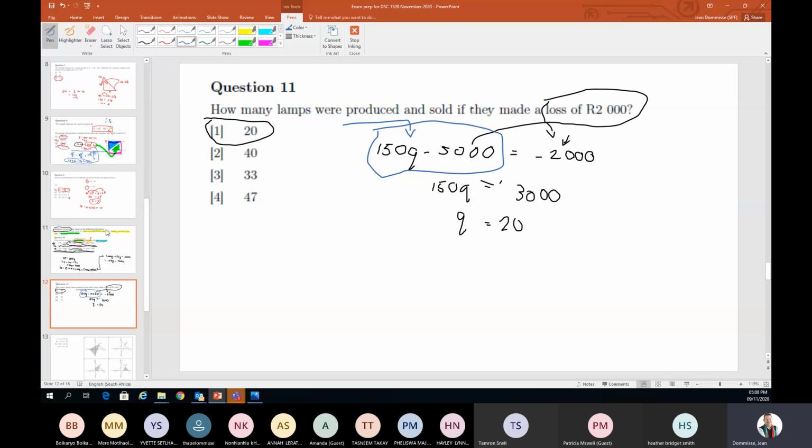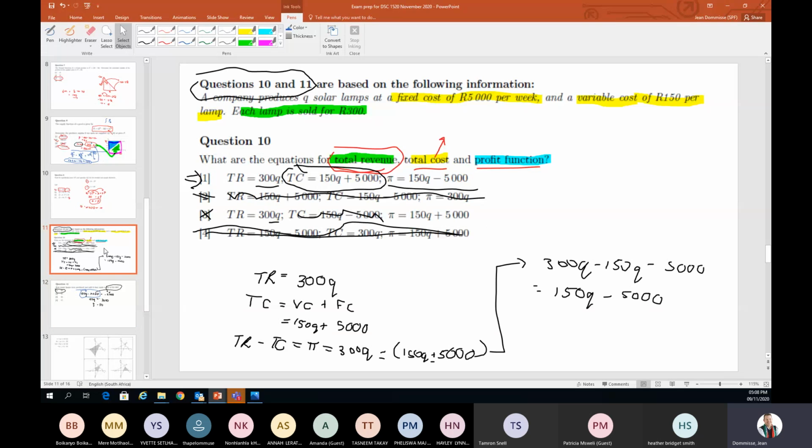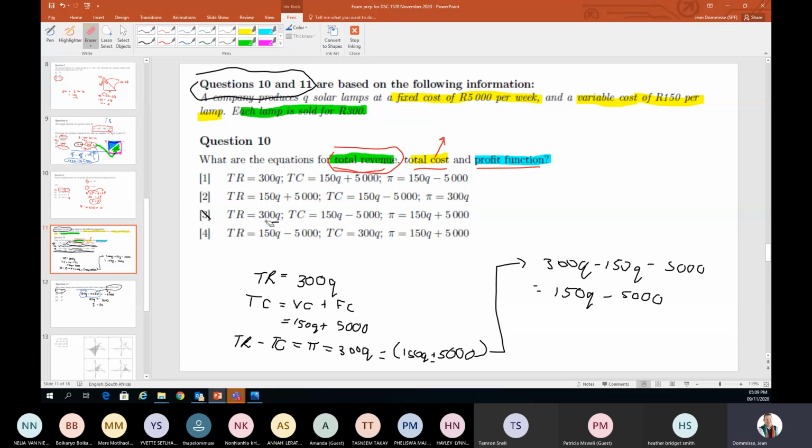I showed you guys the total cost equation as well, but let's look at these. And yes, I don't want to teach wrong stuff. So we knew that one was the option.